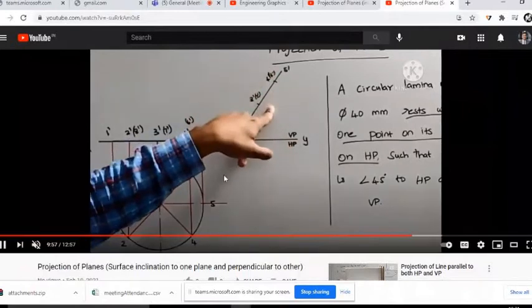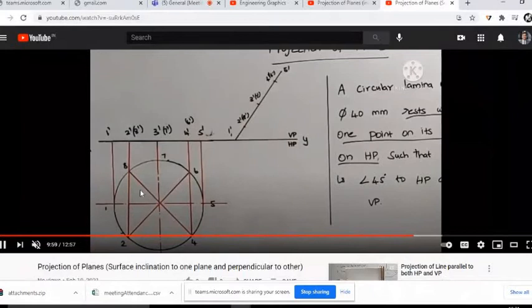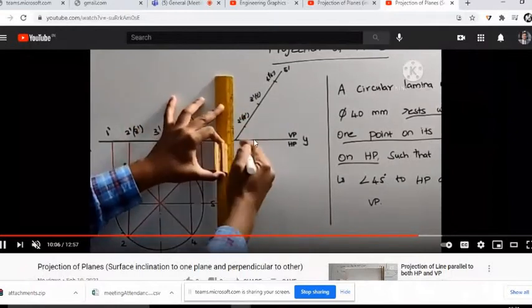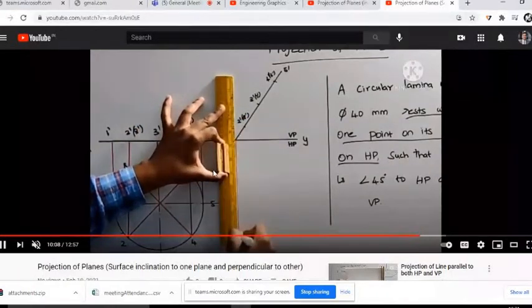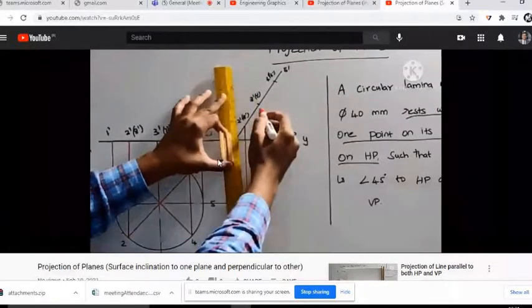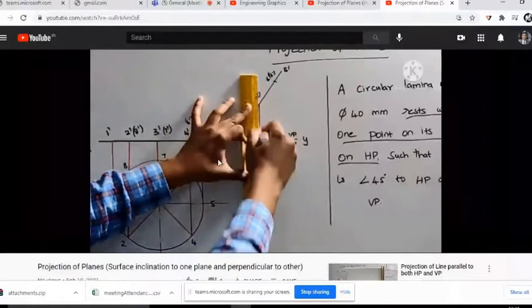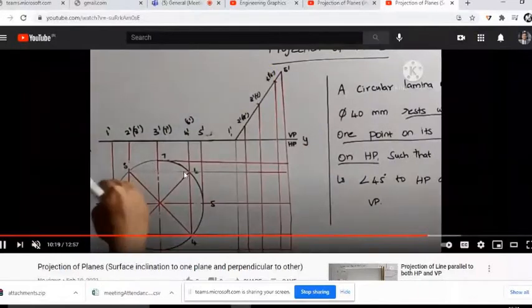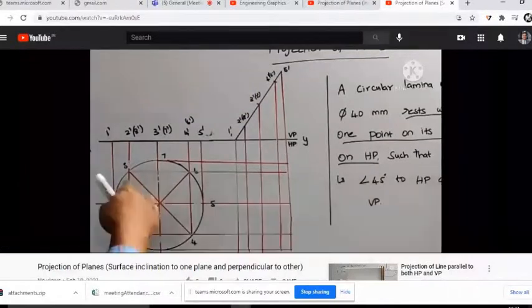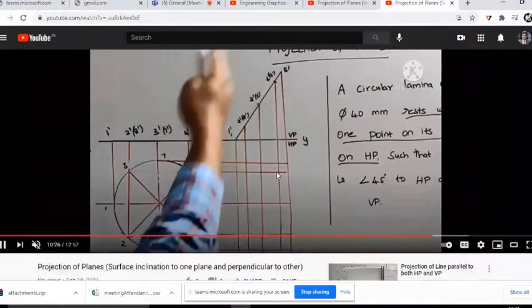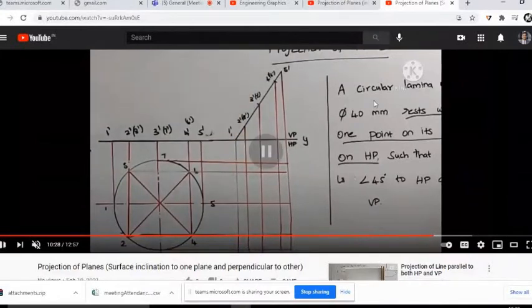To do that, you need to take the intersection of the circle and this particular front view. From this front view, I'll draw vertical lines from all the identified points, and from the circle, from all the points, I'll draw horizontal lines. Next, you need to find the intersection points.